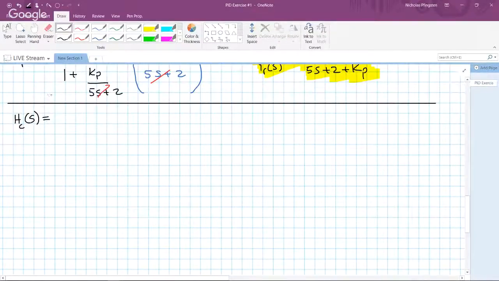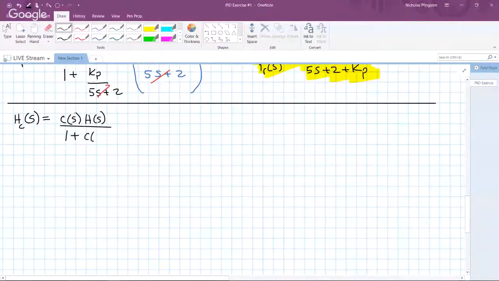We know it's just going to be C of s, which is your controller, H of s, which is your plant, over 1 plus C of s, H of s, which kind of looks like one of your loop rules.